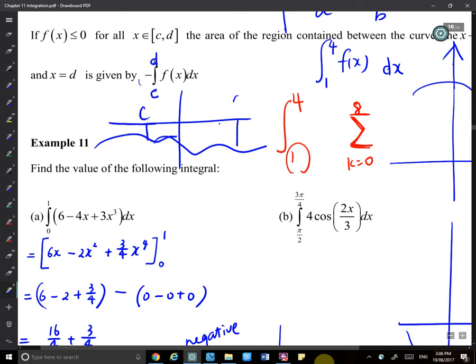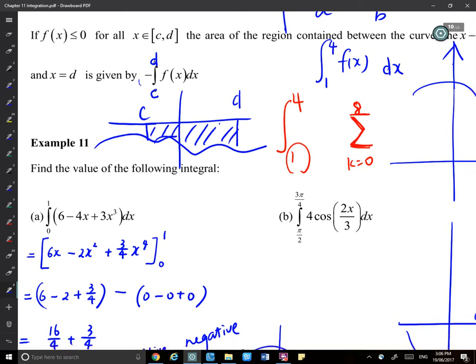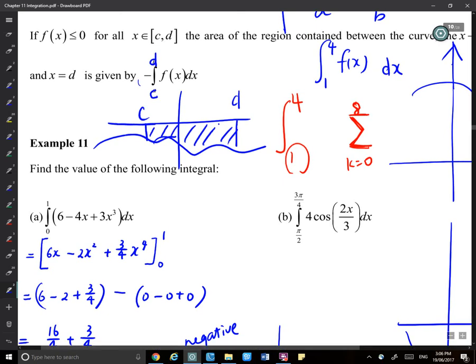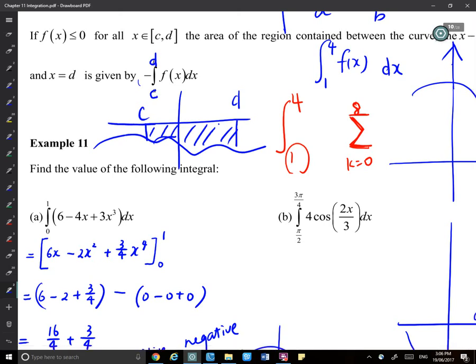That's the c value, that's the d value. I will put a negative sign in front because you have a negative value, you negate it again, and you have a positive one. So you have that area.